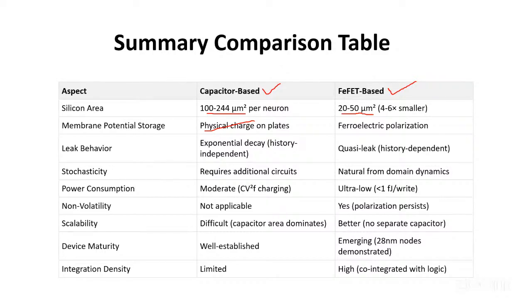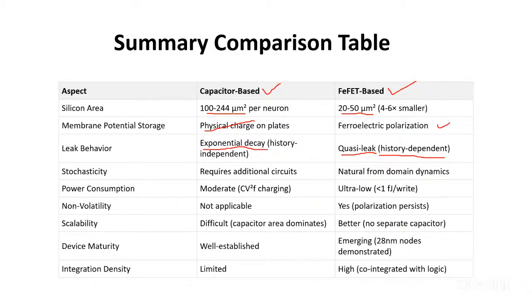If you use the ferroelectric polarization here for the membrane potential storage, then we have the leak behavior. In the leaky integrator there is exponential decay: when we put a resistor in parallel, we perform this exponential decay. The ferroelectric materials have this quasi-leak behavior, but that is history dependent. Since we are not bothered about history in the case of a neuron, this behavior will be there.